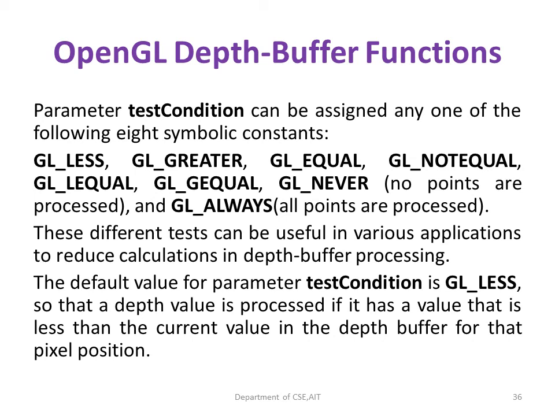That means it can be GL_LESS, GL_GREATER, GL_EQUAL, GL_NOTEQUAL, GL_LEQUAL, GL_GEQUAL, GL_NEVER, which means no points will be processed, and GL_ALWAYS, where all the points will be processed. We may require this in some applications. Different tests will be useful in different applications, and we can reduce the calculations in the depth buffer. Of course, the default value is GL_LESS because we need to get the point which has the minimum value.